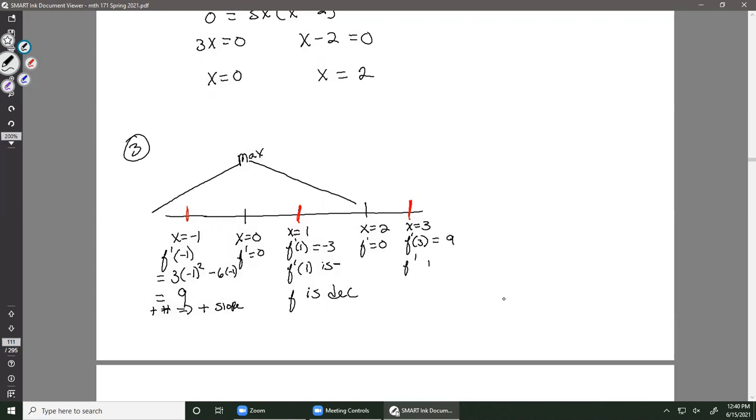So f prime is positive. So that means f is increasing, our original function. So it's increasing. So at 2, we went from decreasing to increasing. So we had a min.